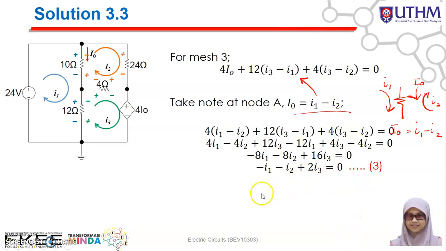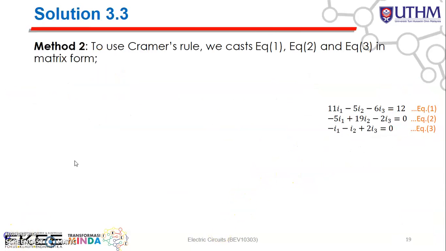Okay, so based on all those three simultaneous equations, we can solve the equations in order to get the value of I1, I2 and I3. Now, in order to find the value of I1, I2 and I3, I'll be using method 2, which is using Cramer's rule to solve the simultaneous equations.